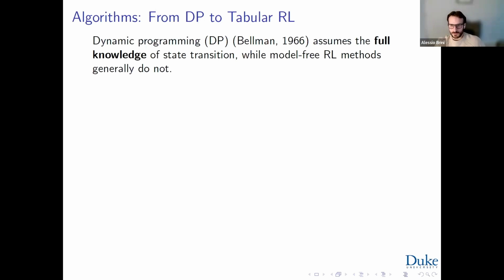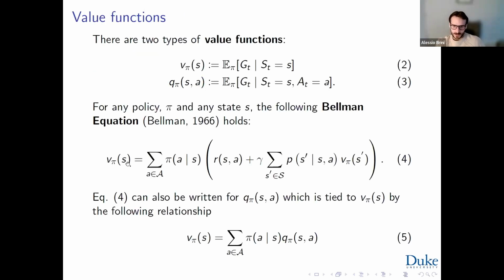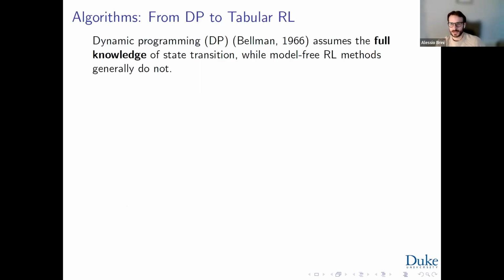So essentially, if I go back one slide, whenever you look at the Bellman equation, dynamic programming is assuming that this P, this probability of being in a state S, taking action A and transitioning to a new state S prime, is known. So it's like saying, I'm trying to solve a problem in a given environment where I exactly know what's going to happen if I do a certain type of action and I'm in a certain type of state.